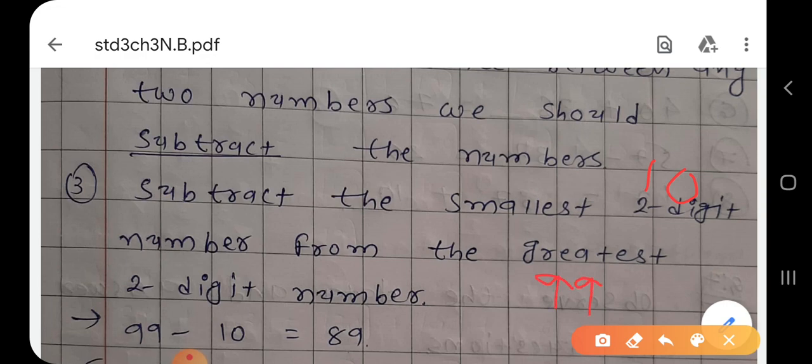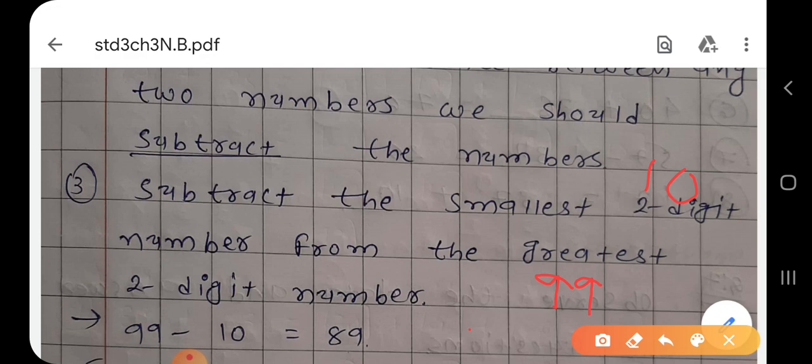After 99, 100 is there and 100 is a 3-digit number. So the question is subtract the smallest two-digit number from the greatest two-digit number. So 99 minus 10 is equal to 89.